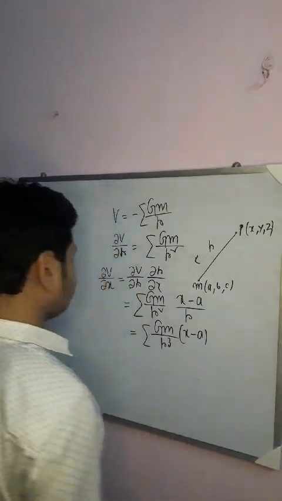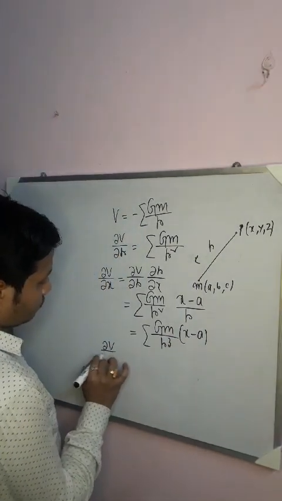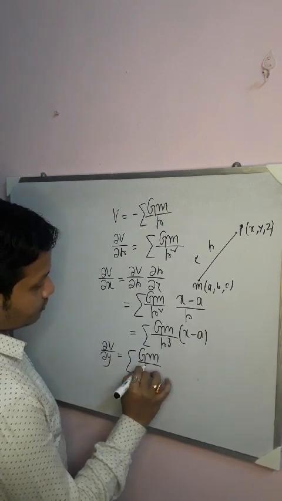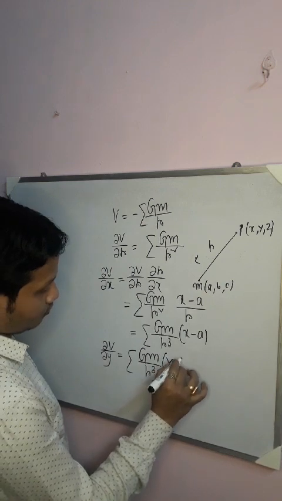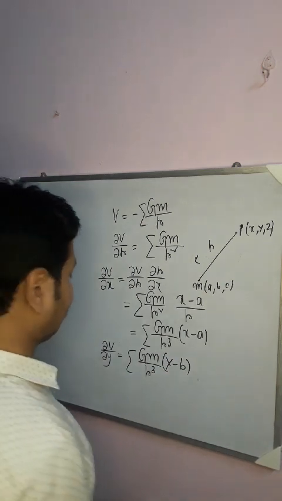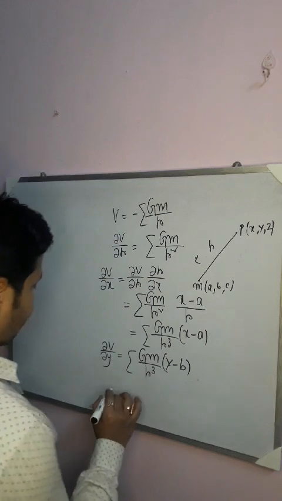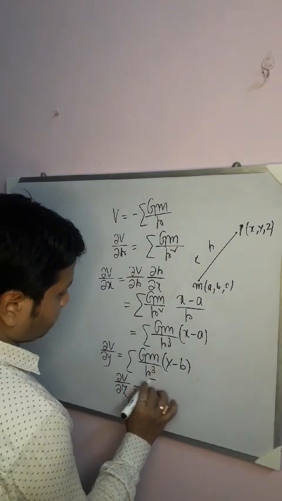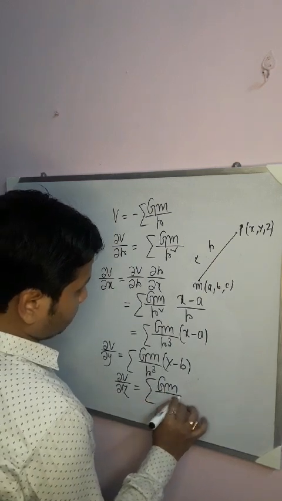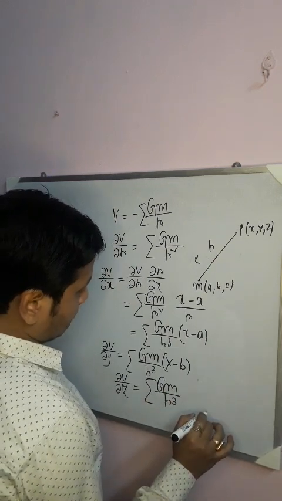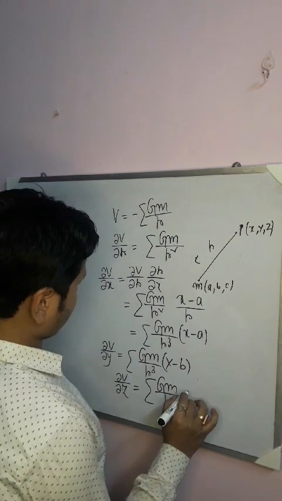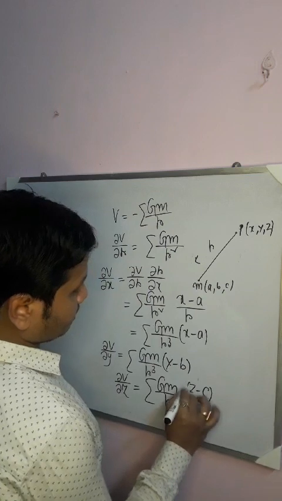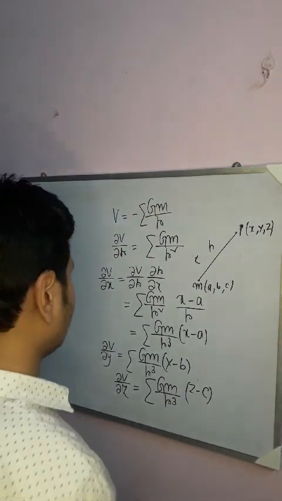So ∂V/∂y is simply the summation of GM by r cube (y minus b). So what will be my ∂V/∂z? This is simply GM by r cube into, say, (z minus c). This we can write.